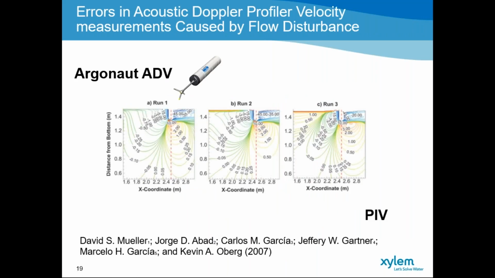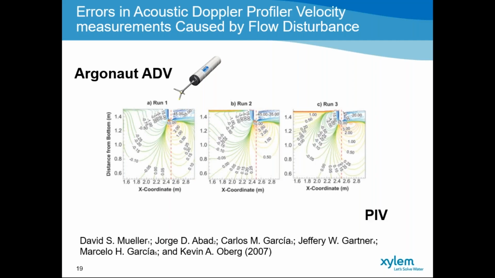Further research was done by Dave Mueller et al. in 2007, "Errors in acoustic Doppler profiler velocity measurements caused by flow disturbance." What they did here was relook at the data collected by Gardner and Ganju in 2002, and also develop a computational fluid dynamics, or CFD, model with the actual instruments incorporated in the model itself.